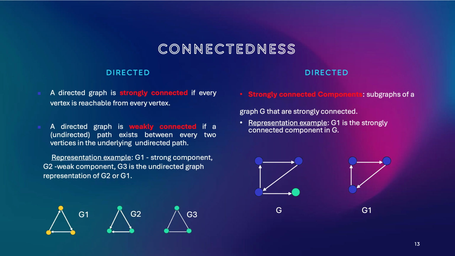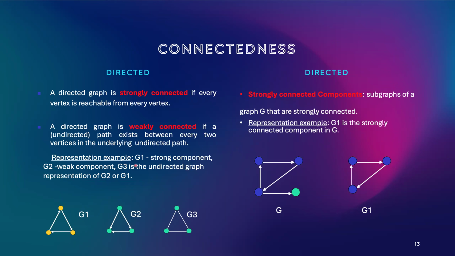So, in other words, a directed graph is weakly connected if replacing all of its directed edges with undirected edges produces a connected undirected graph.